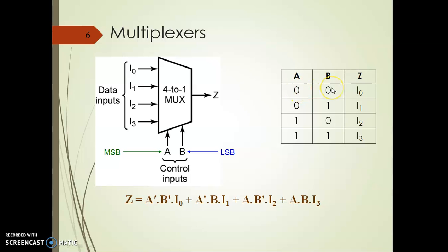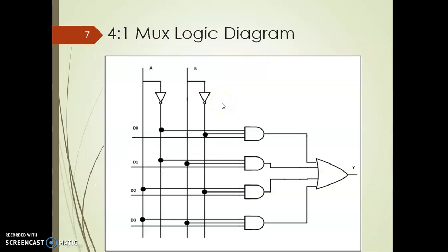Suppose 0 0, which is decimal 0. So the I0 line will be selected. 0 1, this is decimal 1, in that case the I1 line will be selected. 1 0, this is 2, so the I2 line will be selected. 1 1, this is 3, so the I3 line will be selected. On the basis of the control lines, the particular input line will be selected, and the value of that input line will be obtained on the output line. This is a logic diagram.